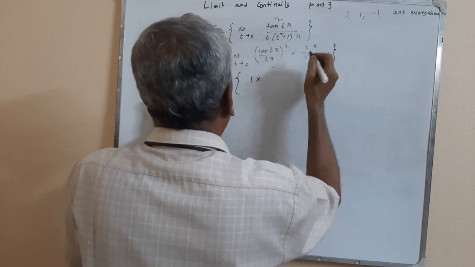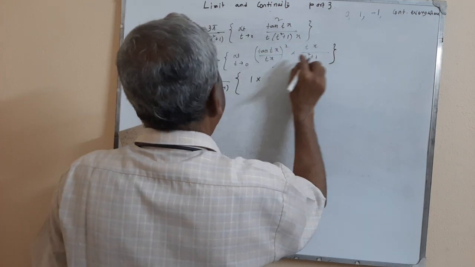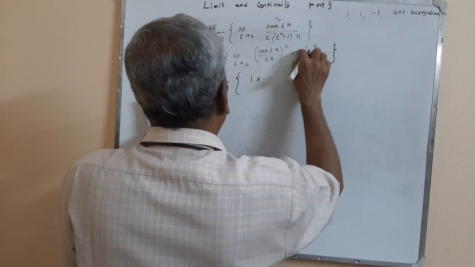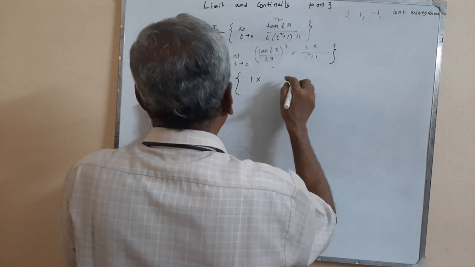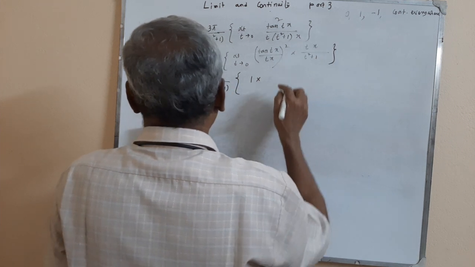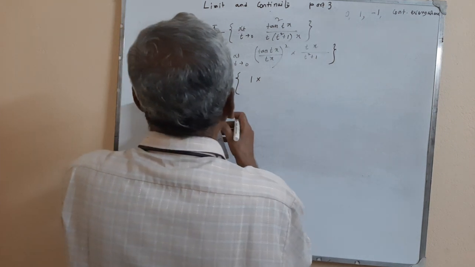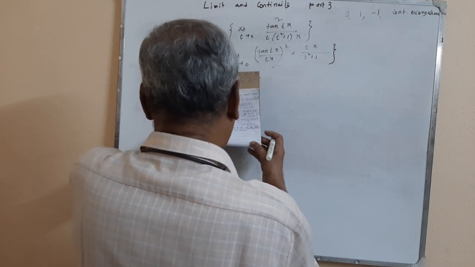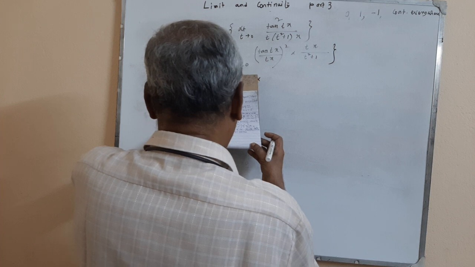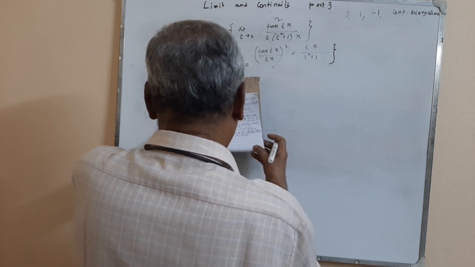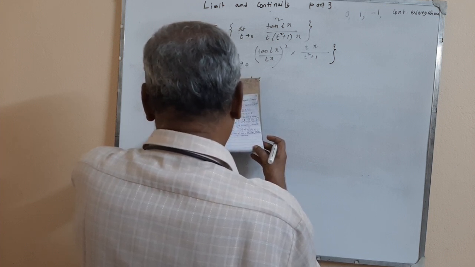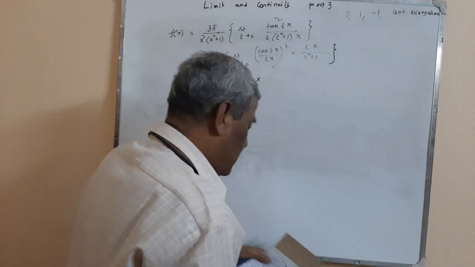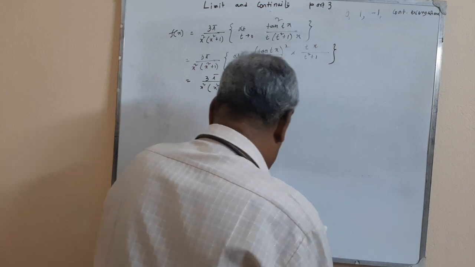Now taking t tending to 0, this becomes 0. So I think I have made a mistake somewhere in copying the problem. Okay, let us drop the problem.